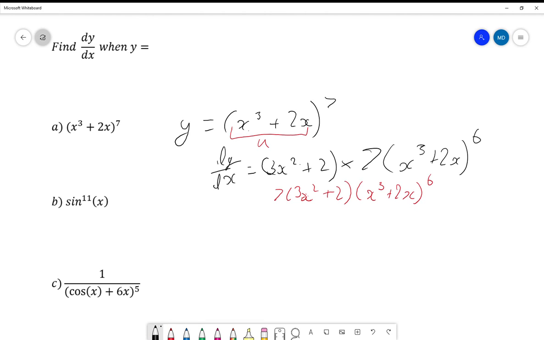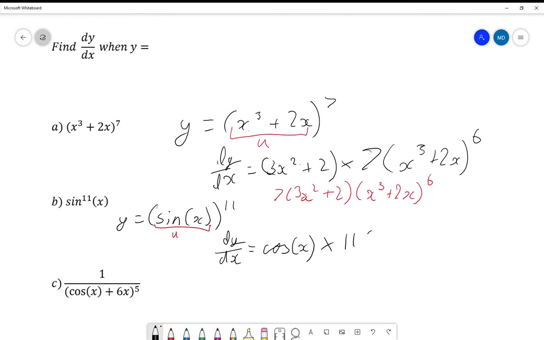Okay, next one. Here we've got y equals sine to the power of 11, so I can rewrite this as sine of x all to the power of 11. And again, our u here is going to be the sine x. And so we're going to get dy by dx is the derivative of u, which is the cosine of x, multiplied by the derivative of the whole thing, which is 11 sine of x to the power of 10.